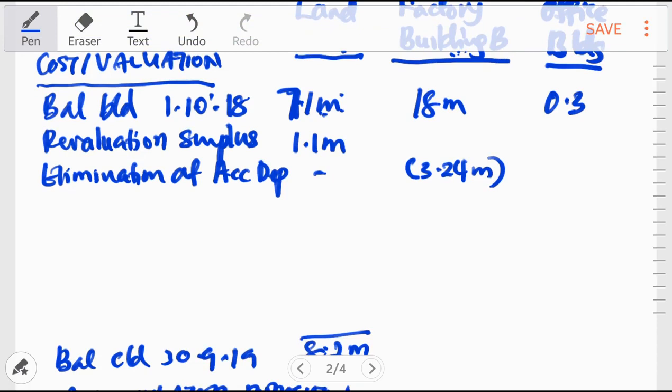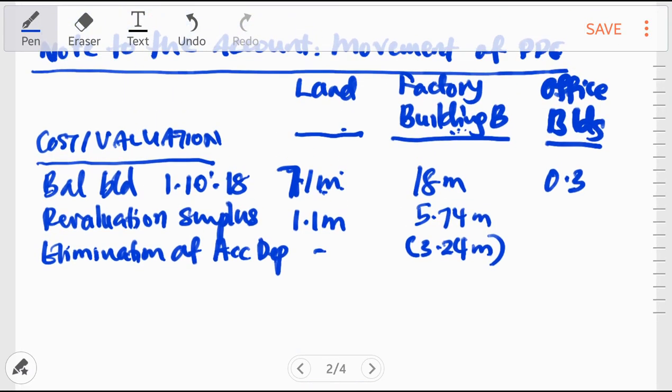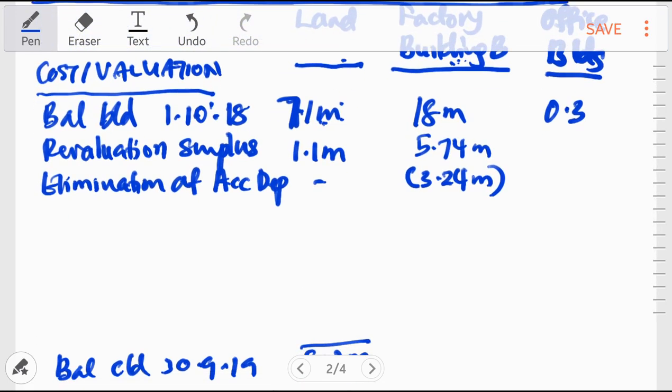And the revaluation surplus that happened on that day was, from your calculation, 5.74 million. So I put it here because the journal entry is to debit the building, so I add here. That was the one related to working number 3 that we did much earlier.